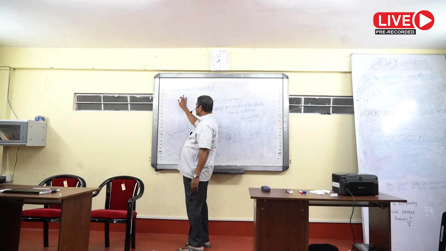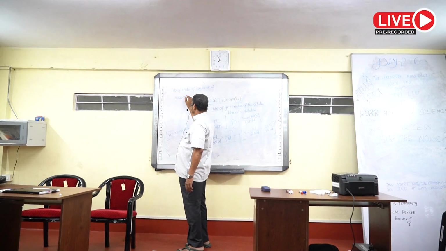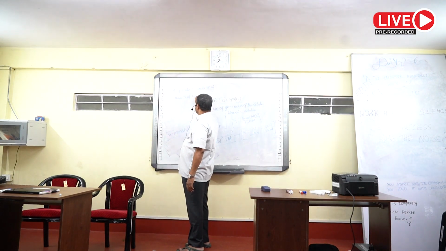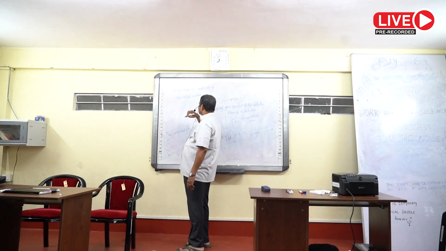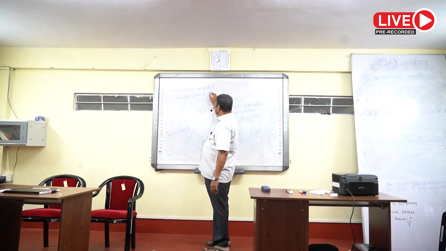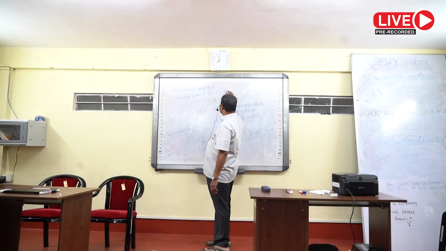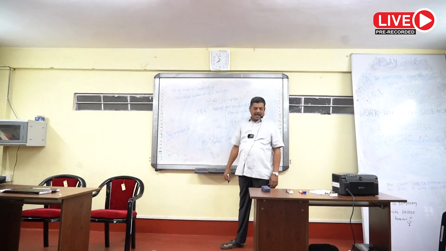So actually here, 1000 ml of water, that is 1 liter of water at 4 degrees centigrade, is equal to 1000 grams. Do you accept or not?